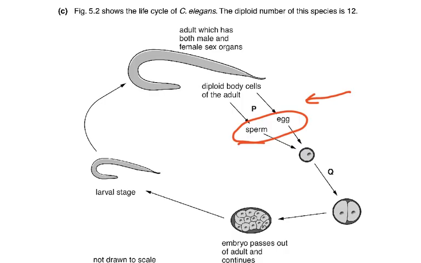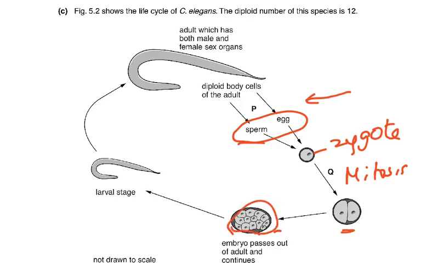While at Q, the zygote has been formed. Now the zygote is going to divide by mitosis, so that now we can have growth, two cells, and then four, and then six, and then eight, and then a ball of cells, and then it's going to form an organism. So growth is taking place, producing genetically identical cells or more diploid cells, and then of course the body of the organism will develop.